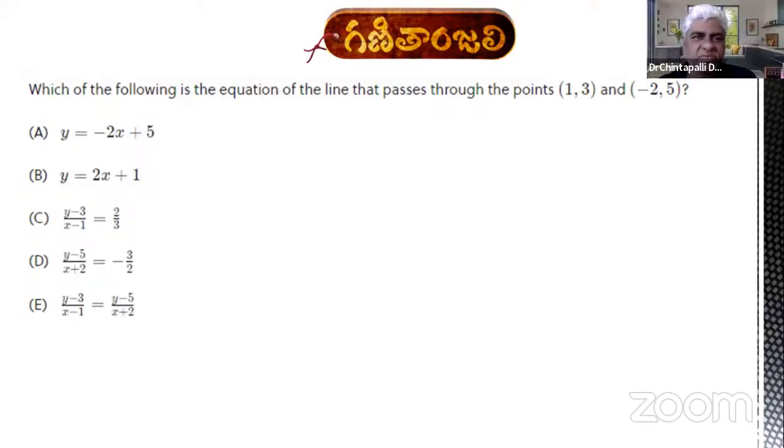Which of the following is the equation of the line that passes through the points (1, 3) and (negative 2, 5)?